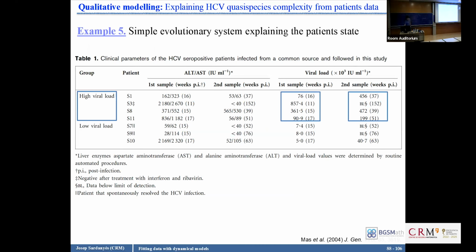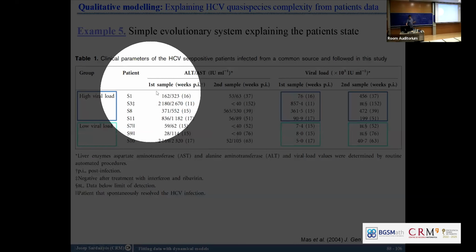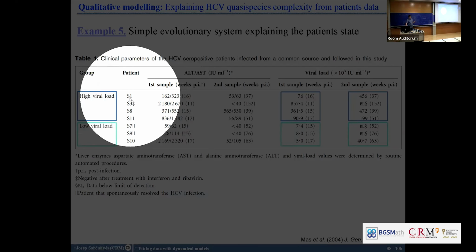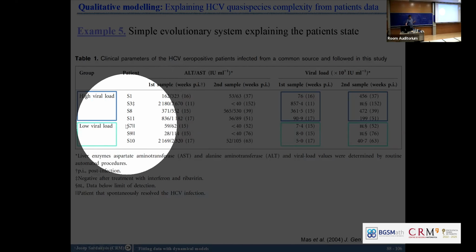So what did they observe? After this small amount of time, they observed 2 different types of patients. Ones with high viral load. This is the first sample taken from the patients. Here, patients are these numbers, this code.